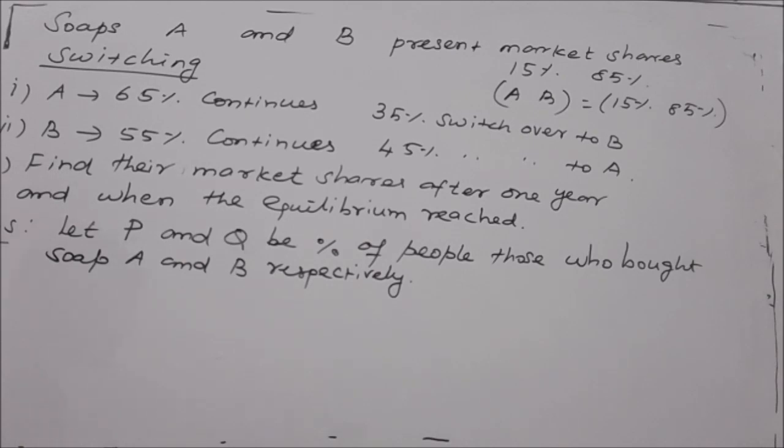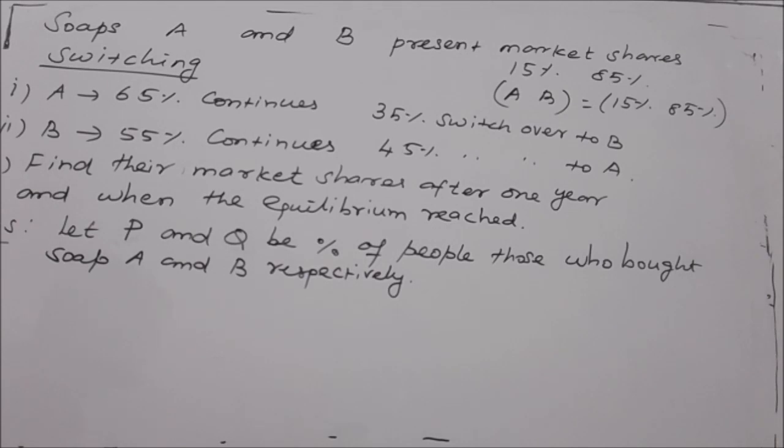Their present market shares are 15% for A and 85% for B. Of those who bought A the previous year, 65% continue to buy it again, while 30% switch over to B. And of those who bought B the previous year, 55% buy it again and 45% switch over to A.